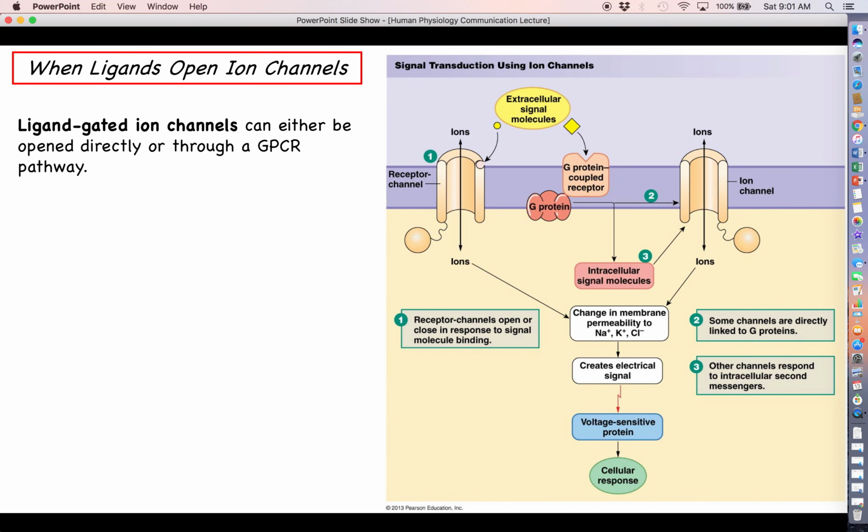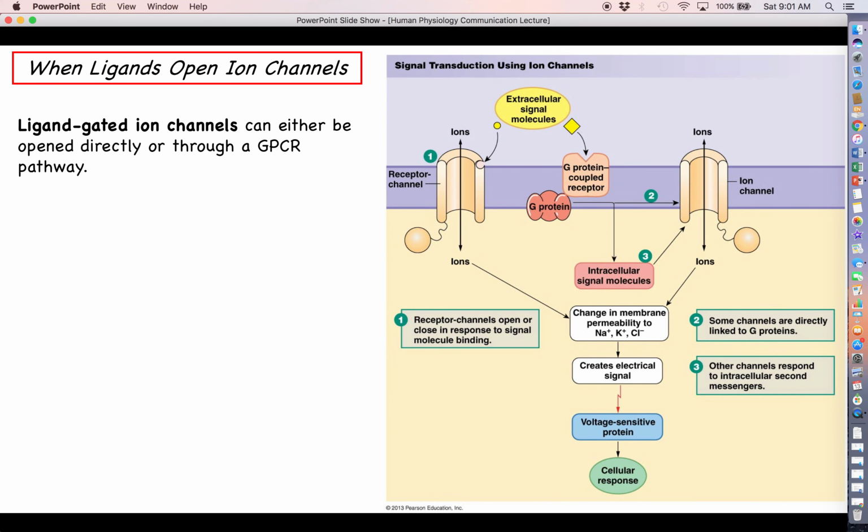One of the most common signal transduction mechanisms that we are definitely going to see when we start talking about the nervous system is when we open an ion channel. We mentioned previously how this may be something that we do when a ligand binds to a receptor. These types of ion channels that open in response to a ligand binding to a receptor are called ligand-gated ion channels.